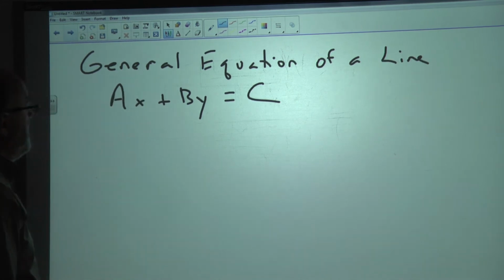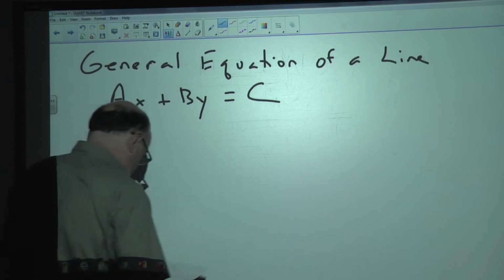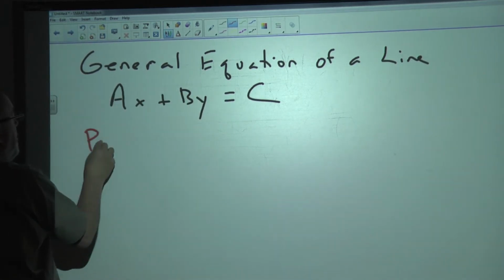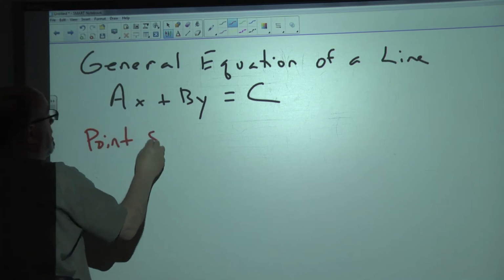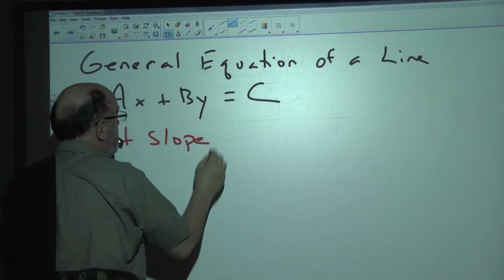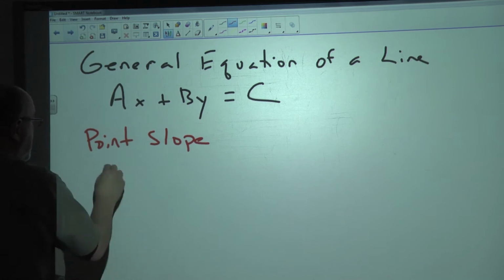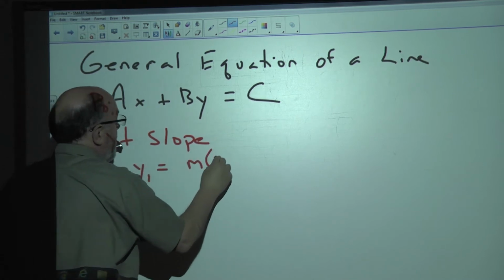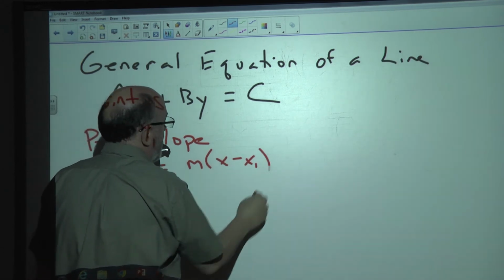That's one way of writing it, not a very helpful way. The other two ways of writing out an equation of a line: the first is point-slope form, y minus y1 equals m times (x minus x1).